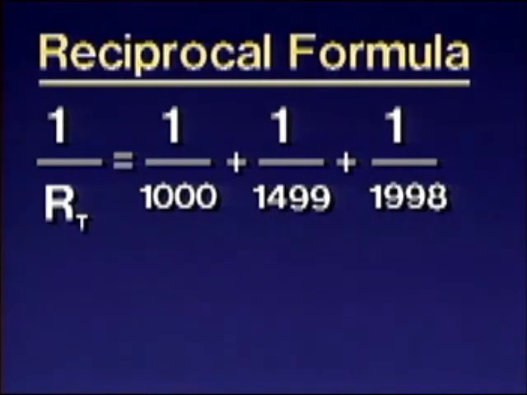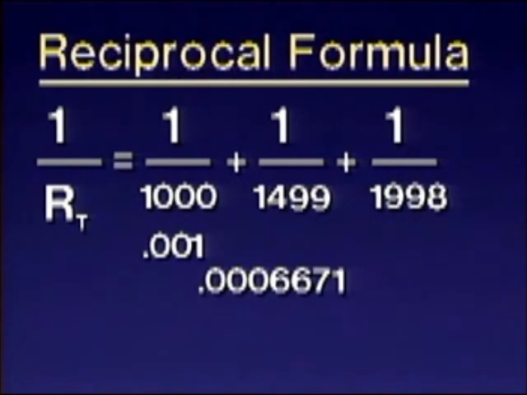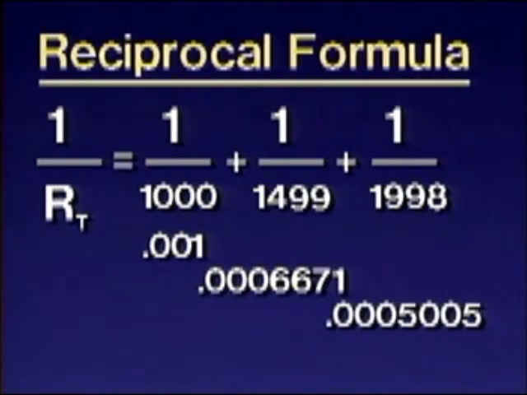1 divided by 1,000 is 0.001. 1 divided by 1,499 is 0.0006671, and 1 divided by 1,998 is 0.0005005.